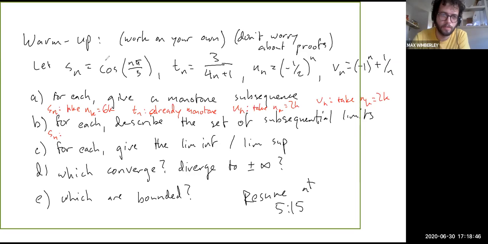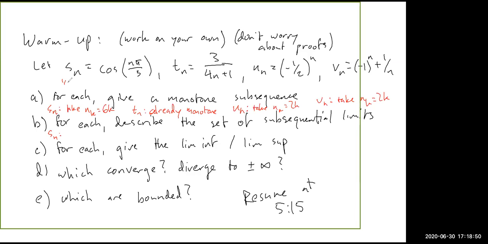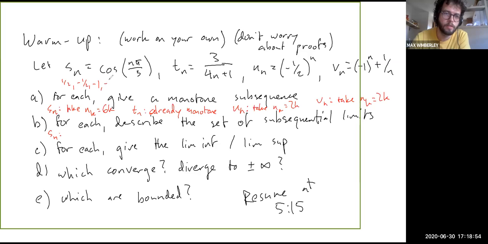Yeah. Because this sequence goes like 1/2, -1/2, -1, -1/2, 1/2, 1, and so on. So it repeats each of these four values infinitely many times. So each one of the four values is actually a subsequential limit. So you get plus or minus 1/2 and plus or minus 1. So there are four subsequential limits for Sn.